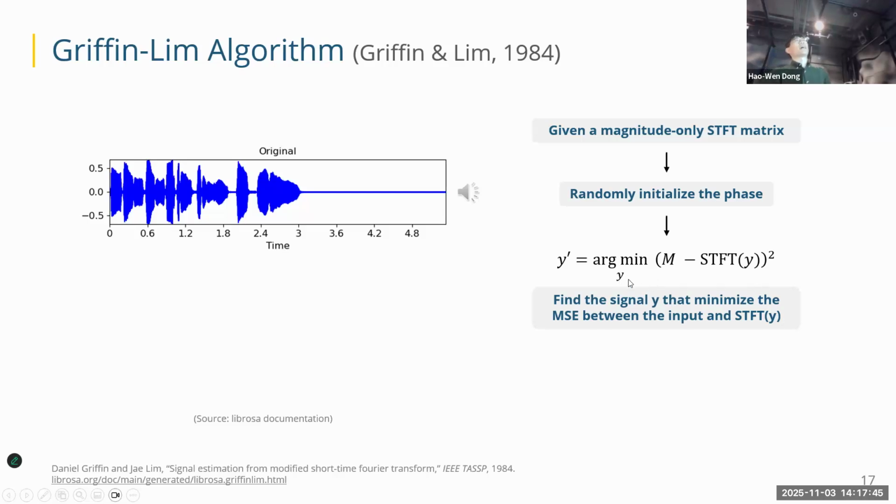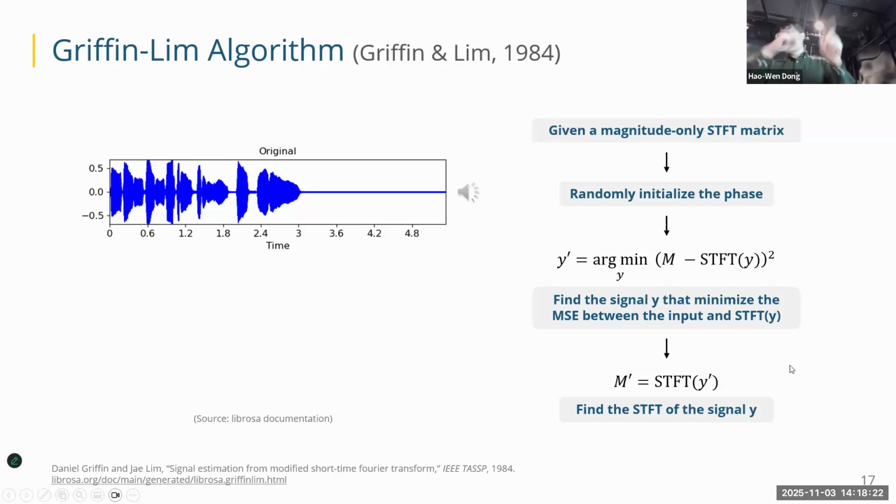So what you are doing is that you have the magnitude, and you want to find that particular audio signal that has the closest magnitude-only spectrogram to your input spectrogram. And then you find the STFT of the signal Y, assuming you have the initial phase of that. I don't think this is actually needed.